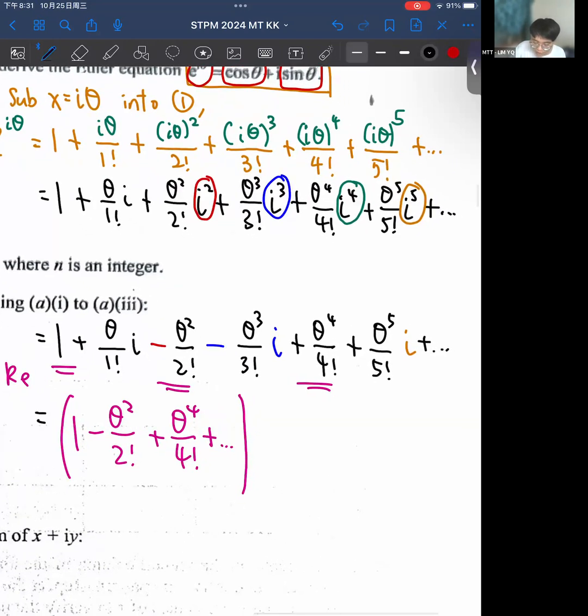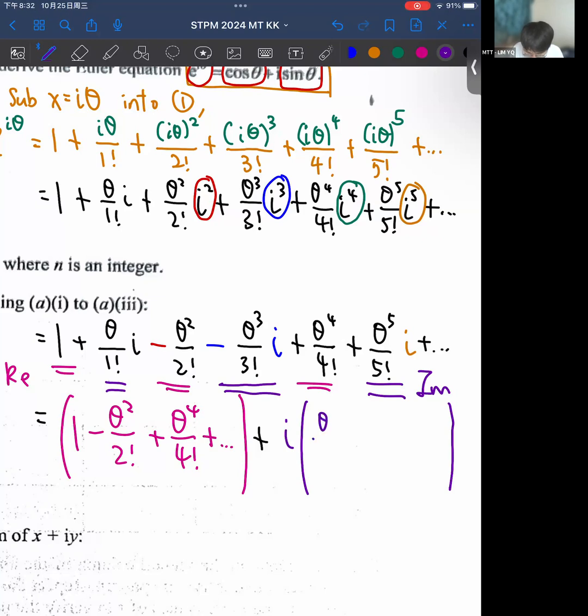Another one is our imaginary part, all the terms with i. You can factor out the i, and the inside is your imaginary part: theta over 1 factorial, don't have i already, I already factored out, minus theta power 3 over 3 factorial plus theta power 5 over 5 factorial and plus dot dot dot.